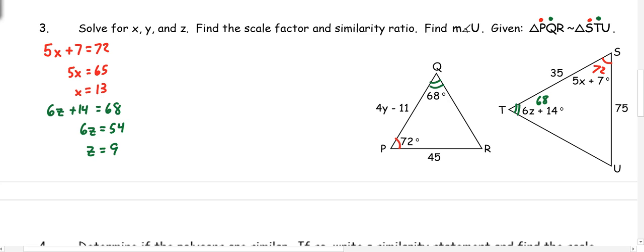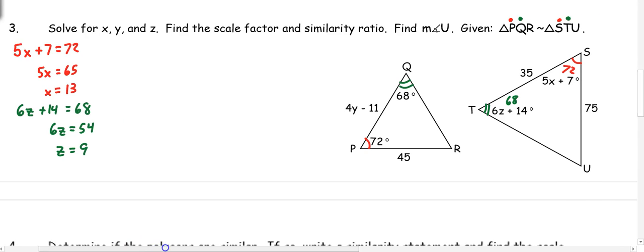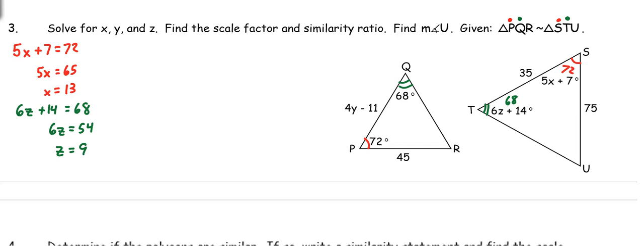The last angle we need to find is angle U. So remember in a triangle that your angles add up to 180 degrees. So we can do 180 minus 68 minus 72 and get that the third angle in the triangle is 40 degrees, which would also be angle R because they're the last letters of the name.